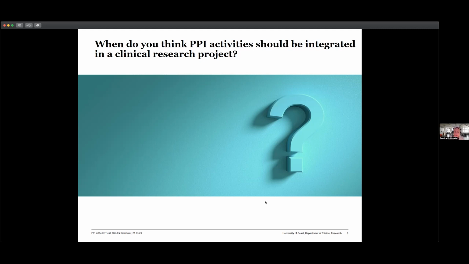I'm really happy that most of you, so 84%, think that it is very good to integrate PPI activities already from the beginning of the clinical trial, and that around 40% think that it is maybe also helpful if you have them during the entire clinical research project, but it can also be that it depends which kind of PPI activities can depend on the clinical research project.